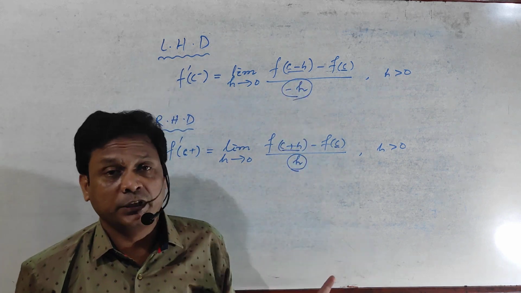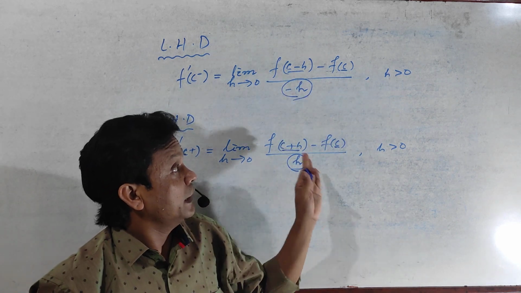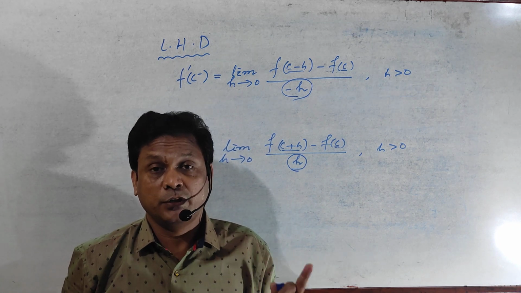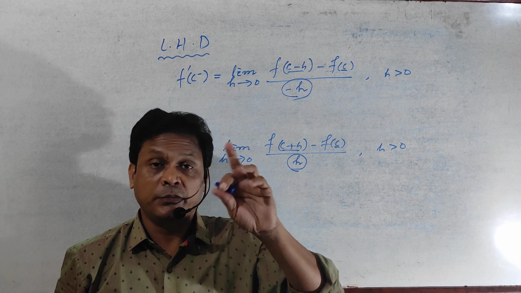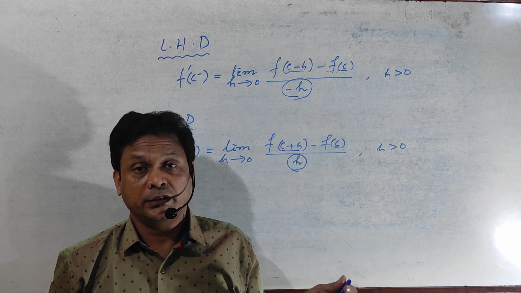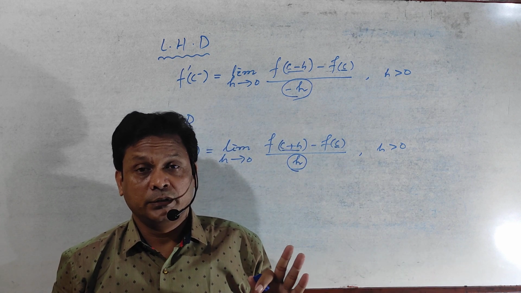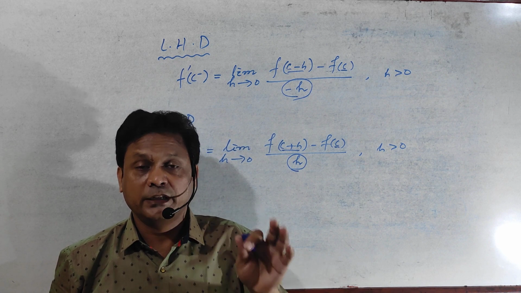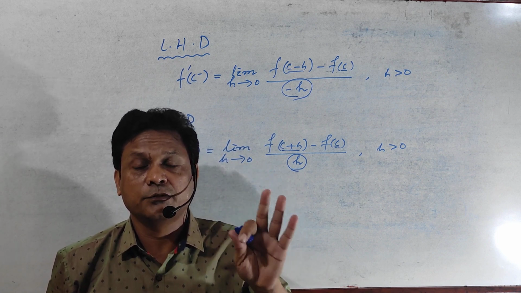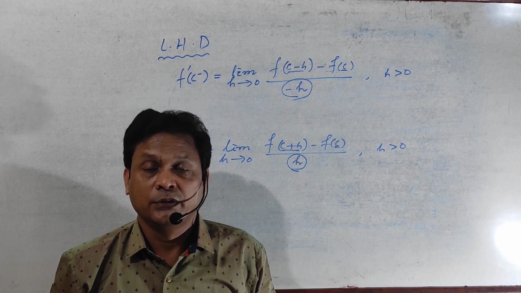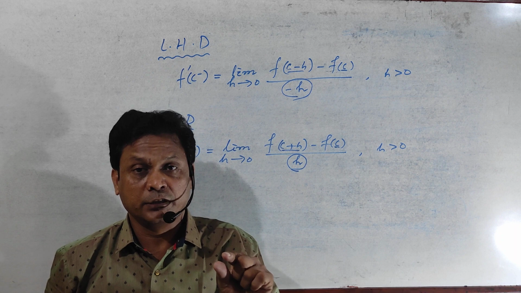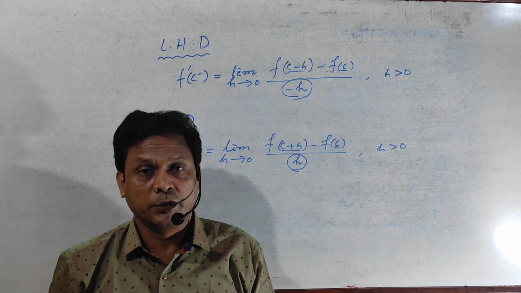And in each and every case, h is a very small positive number, similar to the case of limit. I have told you, it is a universal concept. In every book, it is not necessary to indicate that h is a small positive number. Always you should consider that h is a small positive number. Epsilon is a small positive number, h is also a small positive number.